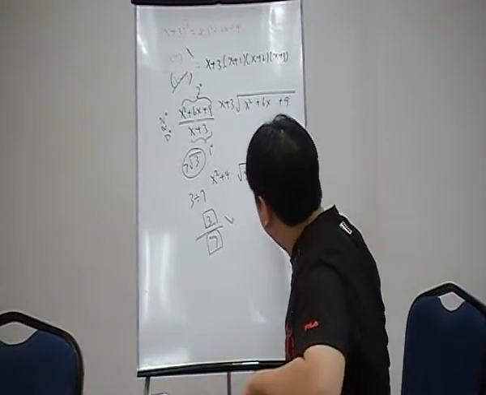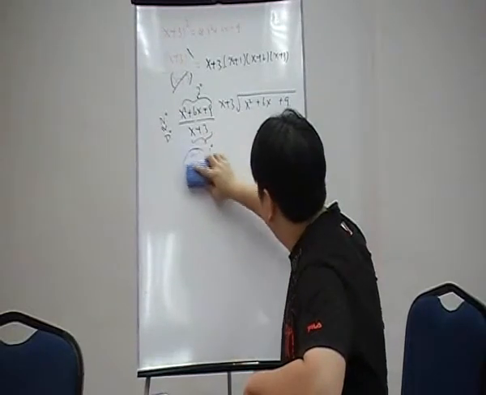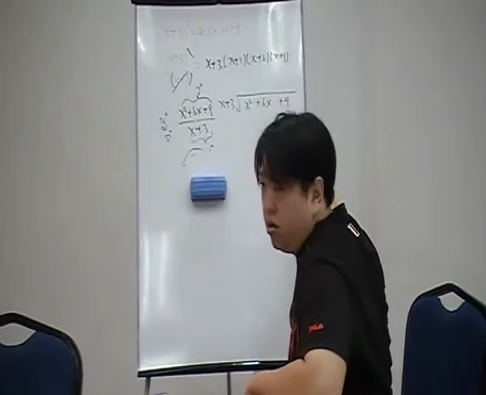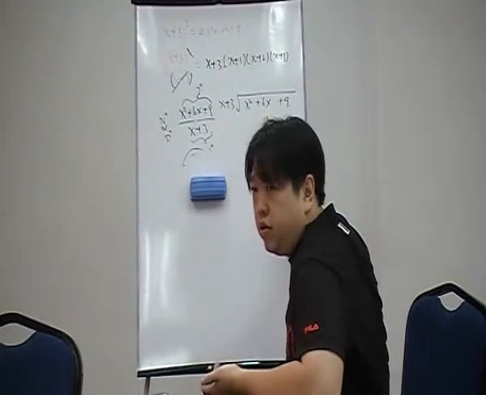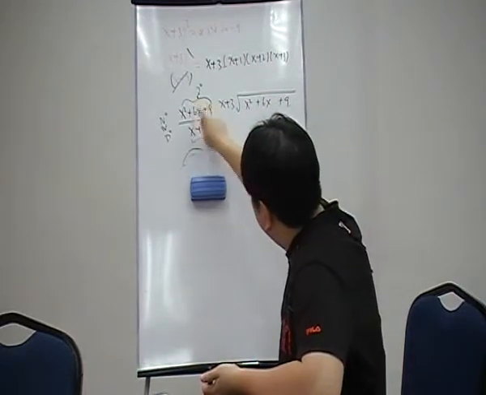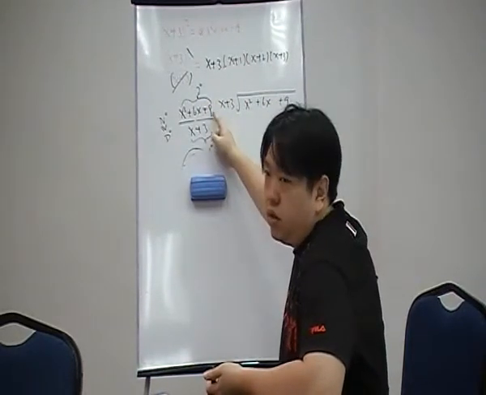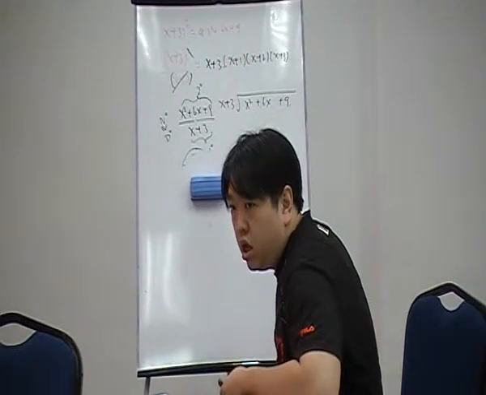That means you got to make sure you have degree 2, degree 1, degree 0. If degree 1 in your expression is missing, leave a space there for it. If this is degree 5, 4, 3, 2, 1, but the 2 is missing, then leave a space for it.